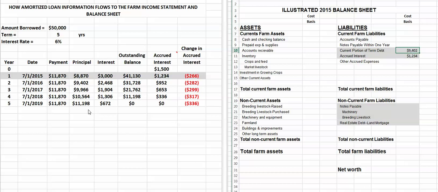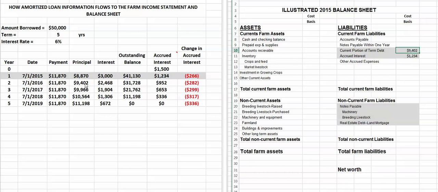Now, looking back over here at the amortization schedule, December 31st, 2015. You know the current portion of term debt is that next year's principal. But then after next year's principal, how much remains on the entire loan?